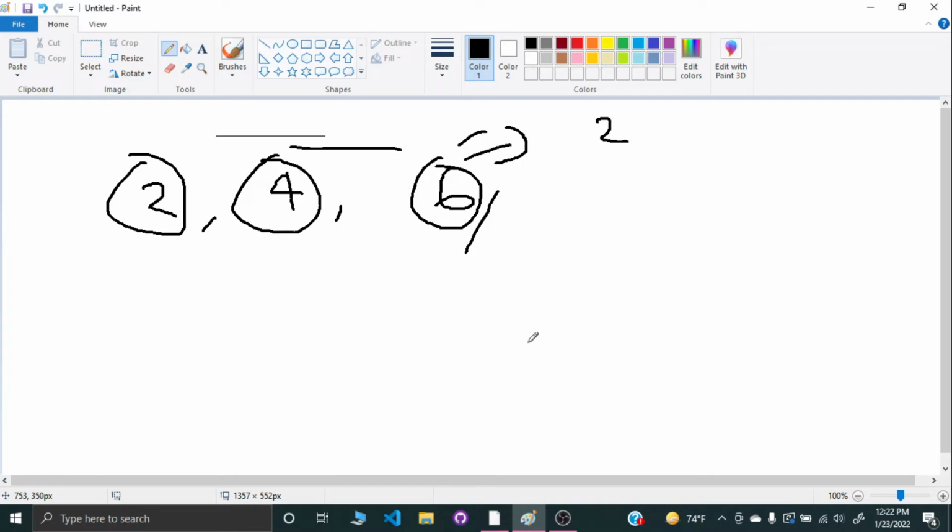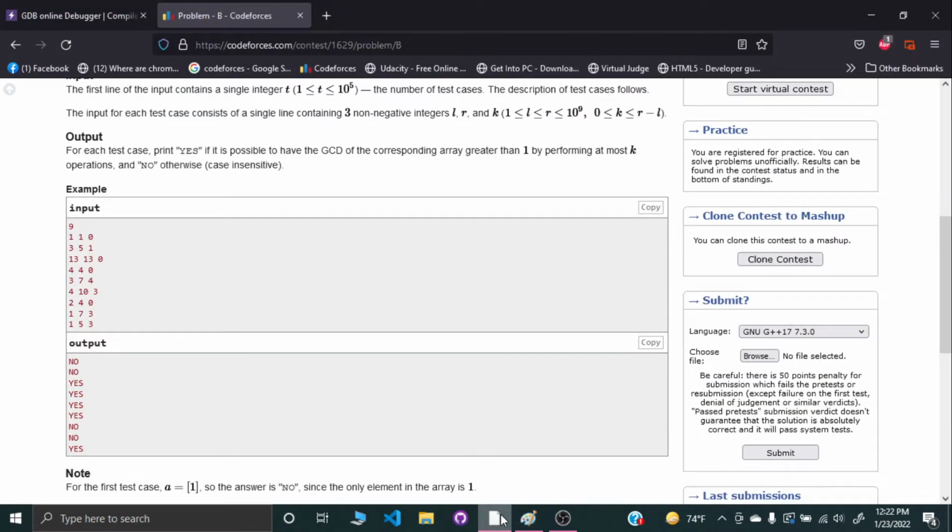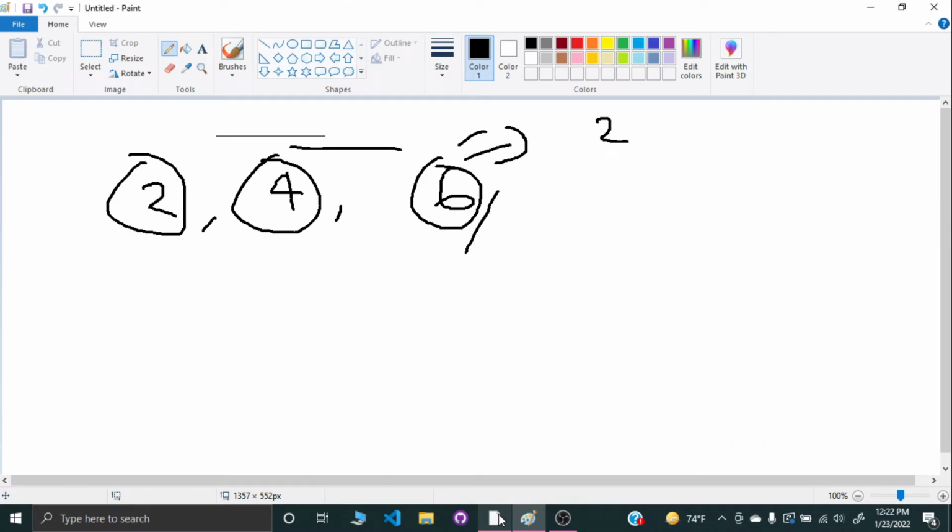So what is the problem then? The problem is with the odd numbers, because odd numbers can consist of prime numbers, and most prime numbers are odd numbers.